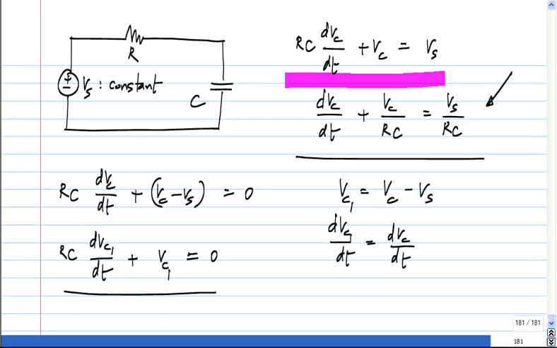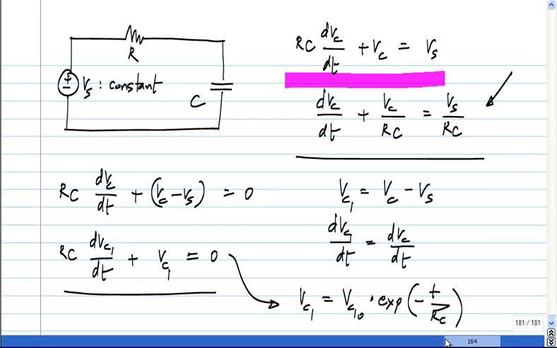Okay. So what's the solution to this? This we have already found. What is Vc1? Some constant times exponential minus t by Rc.